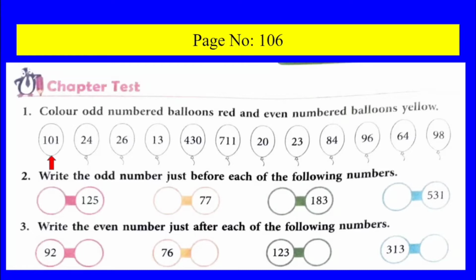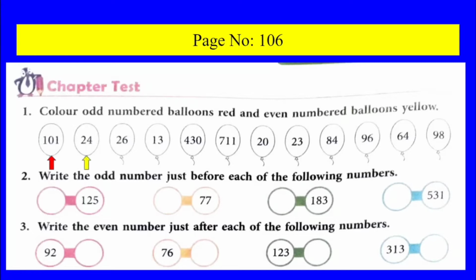Now let's look at the next number, 24. So here 24 ends with the number 4. We know that the numbers ending with 0, 2, 4, 6 or 8 are even numbers. So children, 24 is an even number.